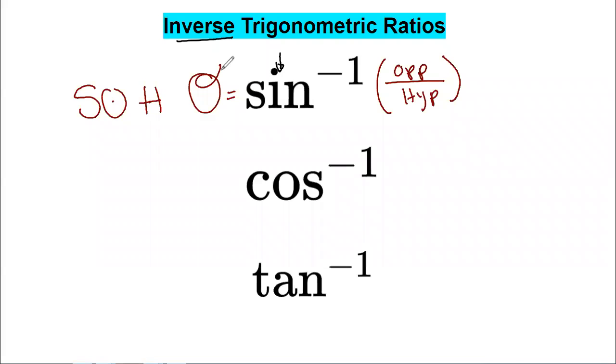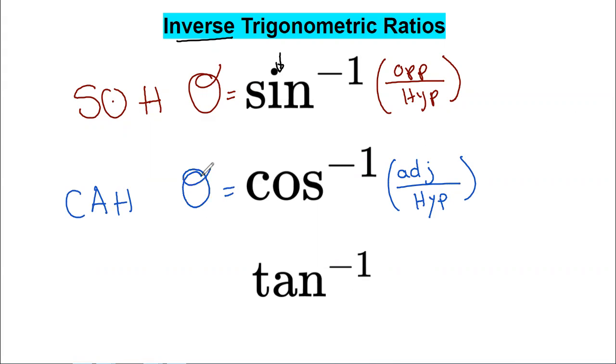So theta is equal to the sine inverse of the ratio of opposite over hypotenuse. Next one is cosine, which is adjacent over hypotenuse. So we have our ratio adjacent over hypotenuse, and this also gives us a result of our angle measurement, theta.